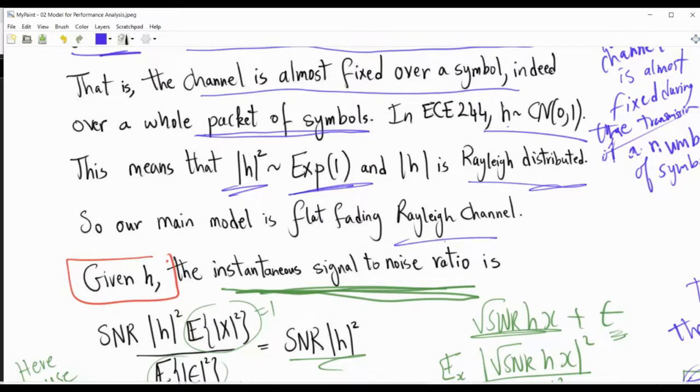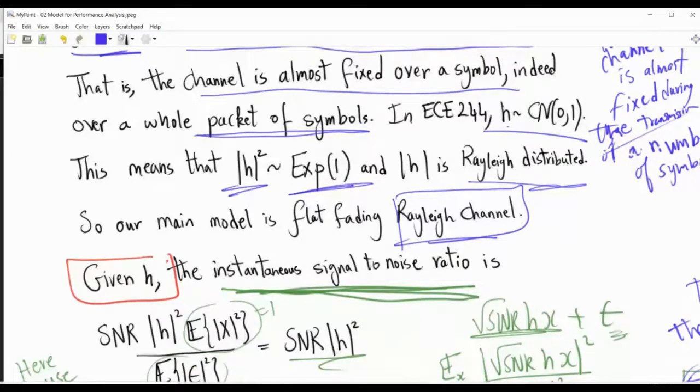As I said, the channels are named based on the distribution of the channel magnitude, not magnitude squared. So our channel model will be called the Rayleigh channel model, and I am sure that you read this before in many places. We are talking about the Rayleigh fading channel, but we will rarely use the Rayleigh PDF.